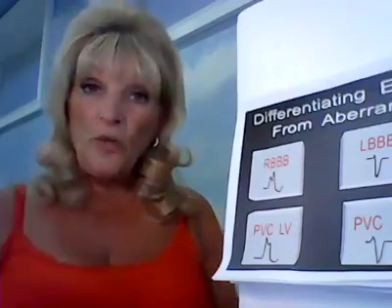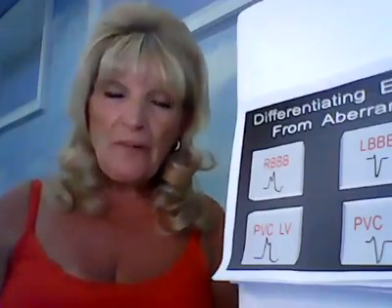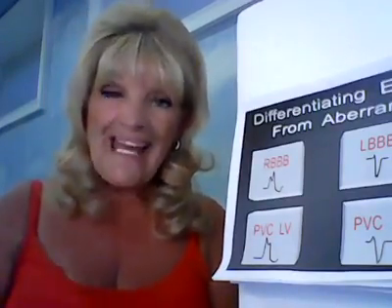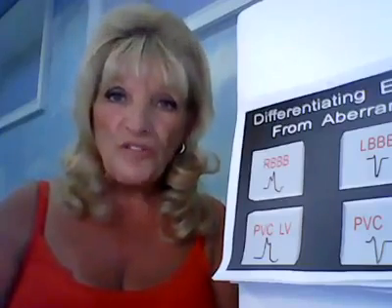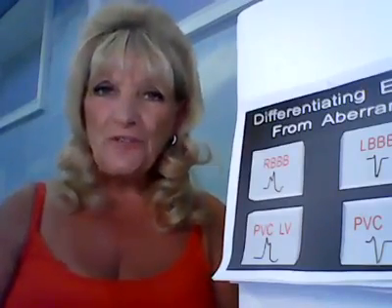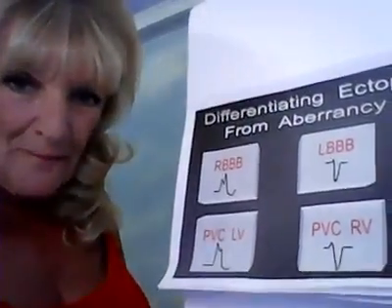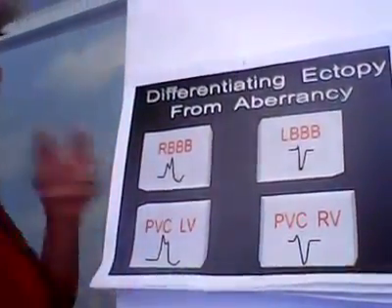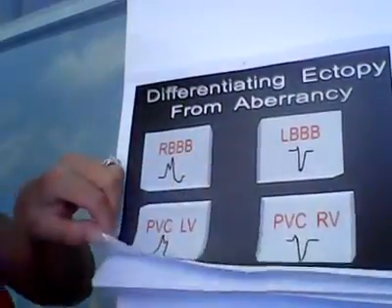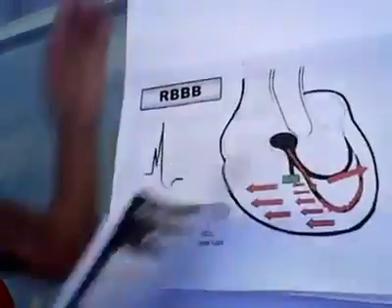So in order to differentiate Ectopy from Aberrancy, you have to be in V1, MCL1, or Lewis lead. You cannot look at lead 2. So let me go forward here, move this all around, and show you what a right bundle branch block looks like. Okay, here we go.